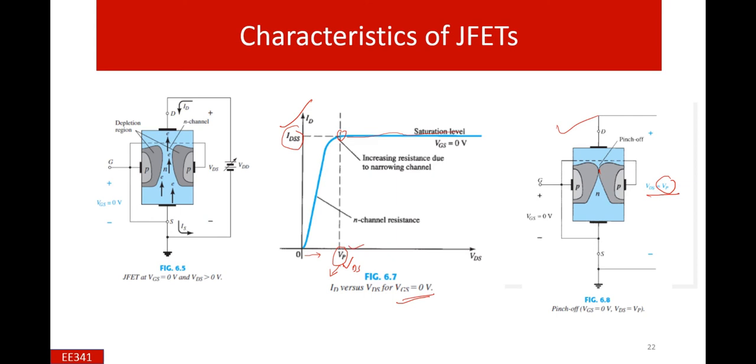At this point, the current flowing for that particular voltage is IDSS, the saturation level of the drain current. If we further increase the voltage, nothing happens; the resistance of this narrow band is infinite up to here.